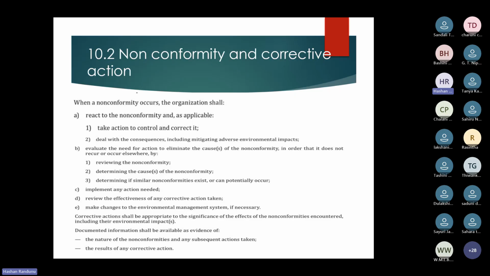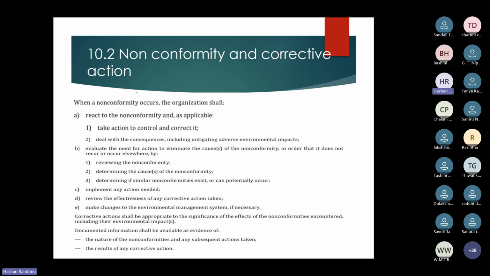So where can we identify the nonconformities? Mainly we identify nonconformities from internal and external audits. Apart from that, we can identify nonconformities in our internal processes. Suppose certain parameters of treated wastewater have gone beyond the set limits, then it would be a nonconformity, a non-fulfillment of a requirement.